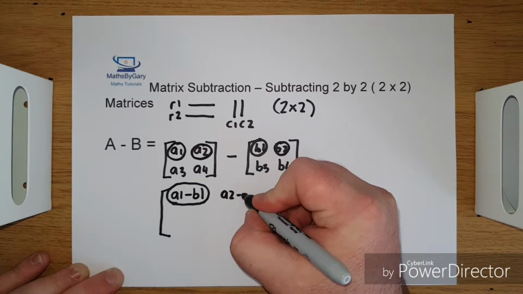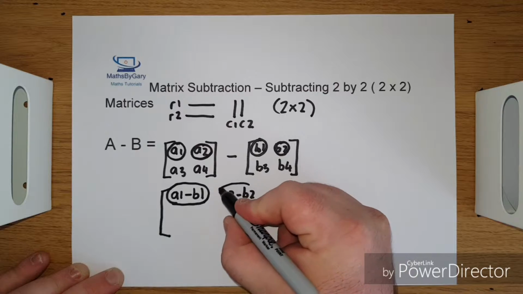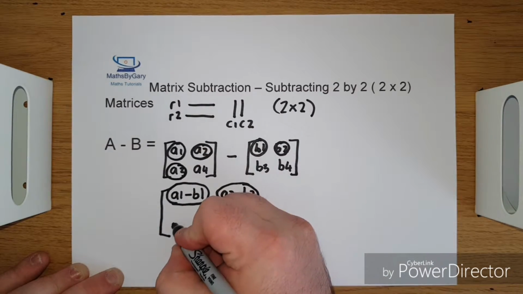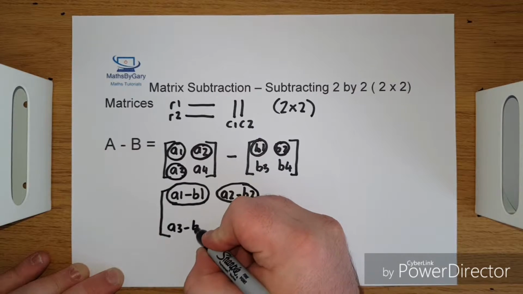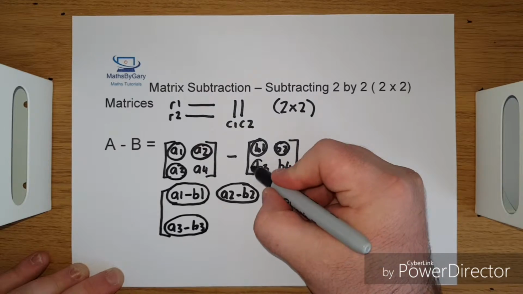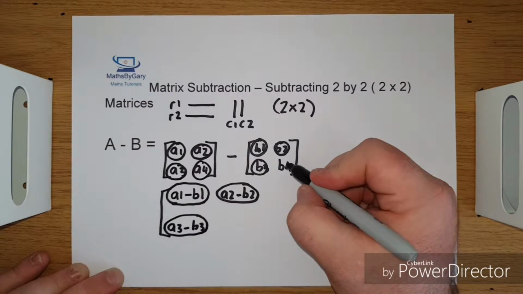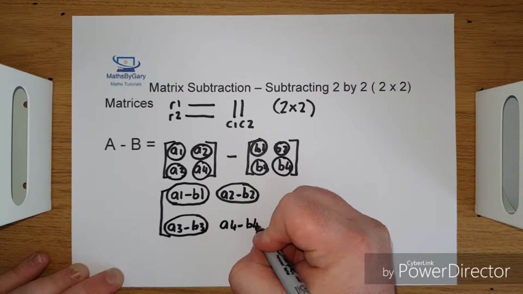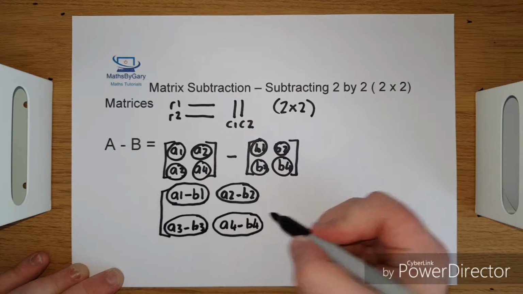So A2 minus B2 becomes the second entry. Move around again to A3 minus B3 for the third entry. And then lastly, we have A4 minus B4. So that is how it works in practice.